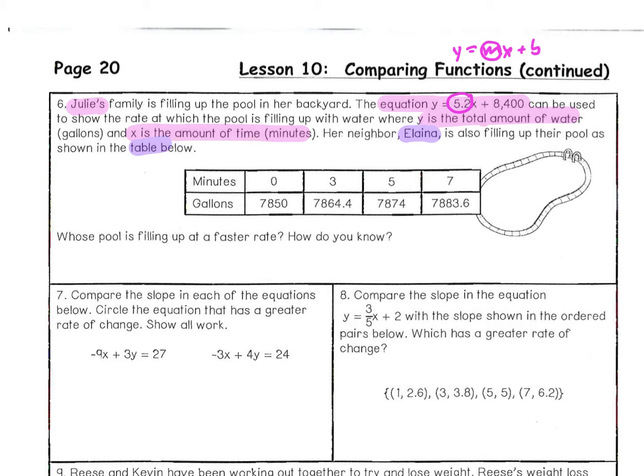Rate of change would also be like a unit rate, and y is the total amount of water in gallons and x is a minute. So if we think about it like this, change in y over the change in x, we have 5 and 2/10 over 1. This means 5 and 2/10 gallons in 1 minute. So her rate of change is 5 and 2/10. And this is Julie's information.